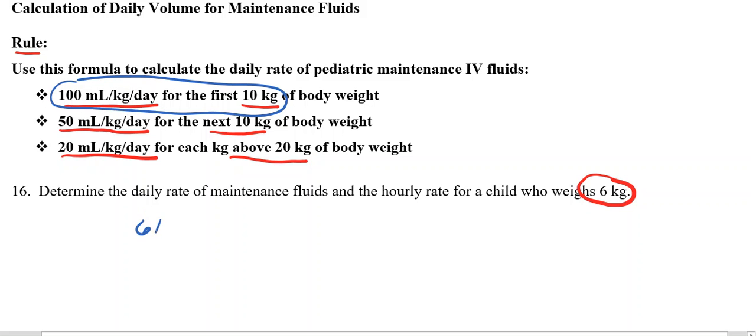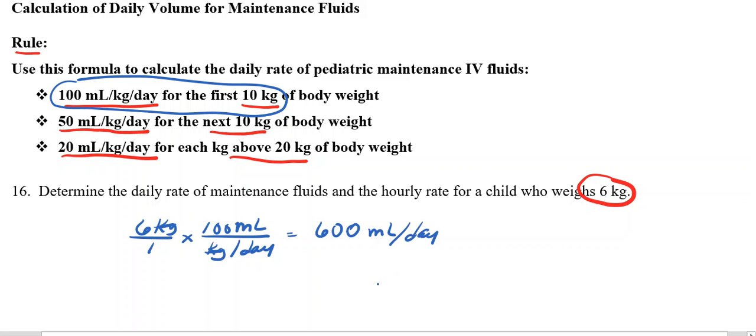So 6 kilograms over 1 times 100 milliliters per kilogram per day. The kilograms cancel, and 6 times 100 is 600 milliliters per day. I don't care that it's the first 10, I'm only worried about the 6 that she weighs.